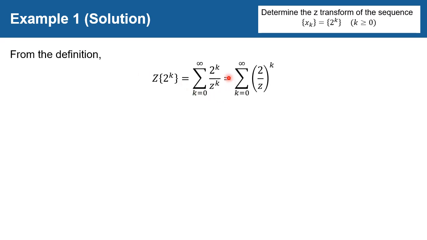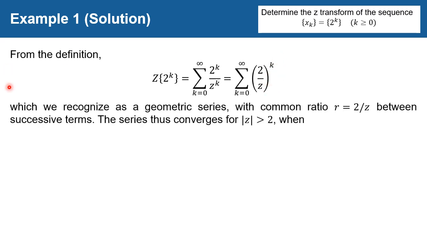So we will write this using laws of exponents. We now have (2 over z) raised to k, which we recognize as a geometric series with common ratio 2 over z between the successive terms. The series thus converges for the absolute value of z greater than 2.